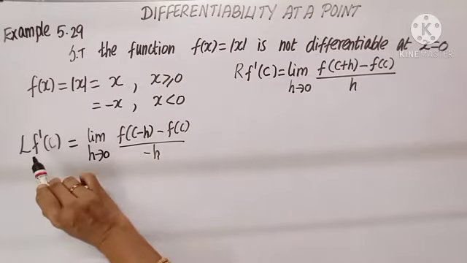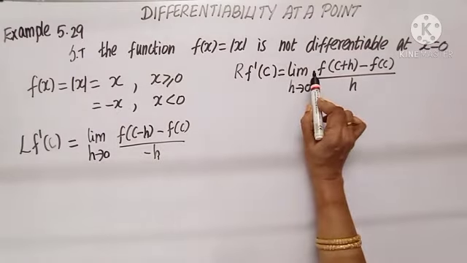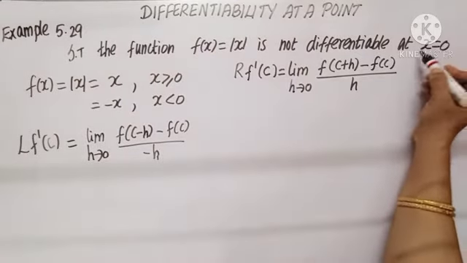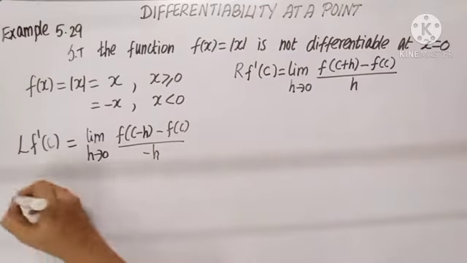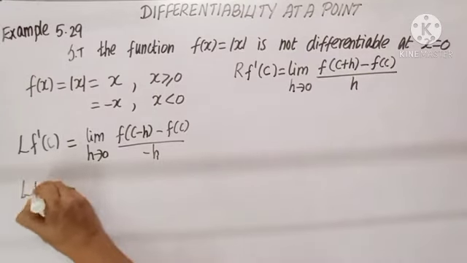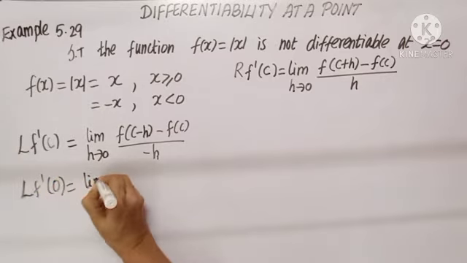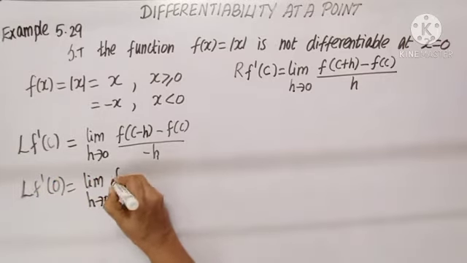What is the left derivative and right derivative formula? Let us remember. Now I want to check at x = 0. So left derivative f'(0) is the limit as h tends to 0 of (f(0 - h) - f(0))/(-h).